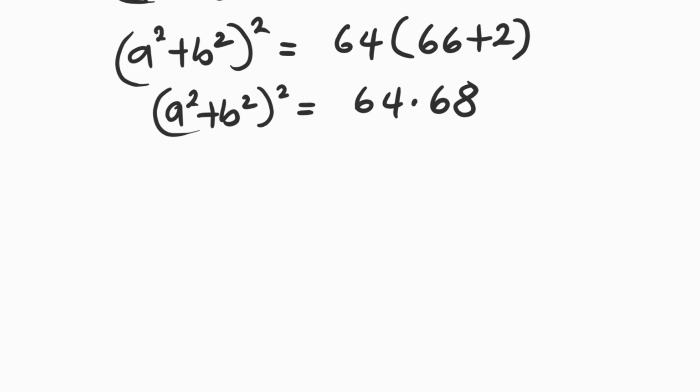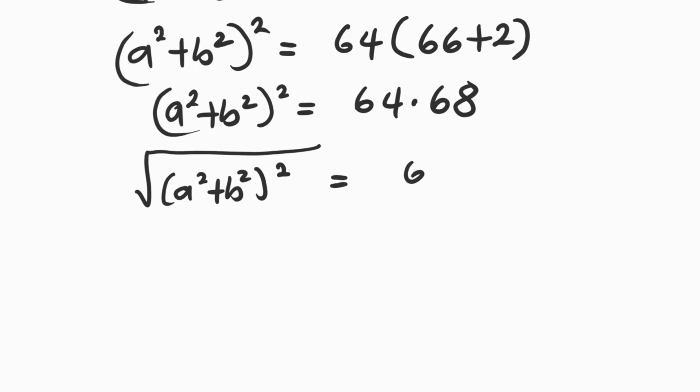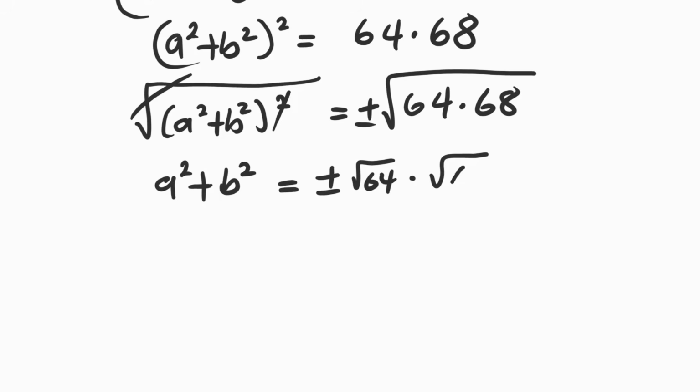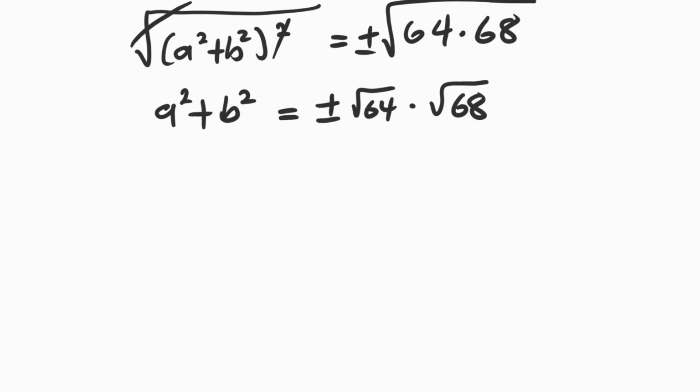Okay, so to get rid of the square on the left hand side, we apply square roots to both sides, right? So this now becomes the square root of a squared plus b squared squared equals the square root of 64 times 68, plus or minus. So the square root cancels the square, and we have a squared plus b squared equals plus or minus root of 64 times root of 68. Now we know that root of 64 is 8, right?